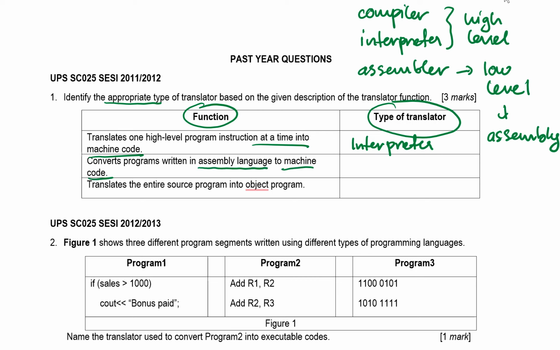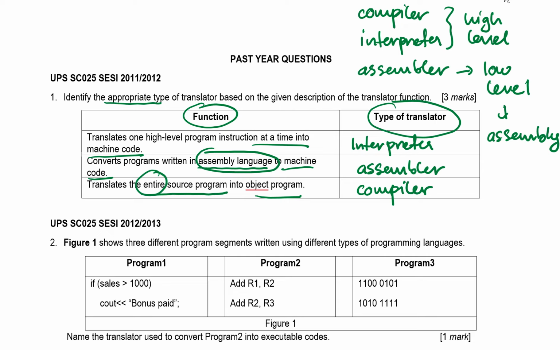Of course, the only translator is assembler. If you see the words assembly language, of course the translator used is assembler. And then translate the entire source program into an object program, that is 0101 machine language. Of course, it is a compiler.